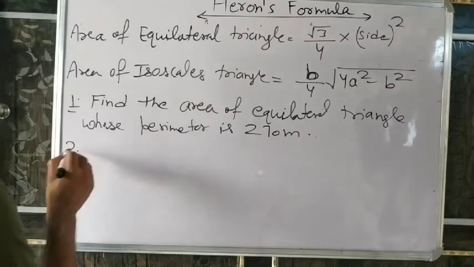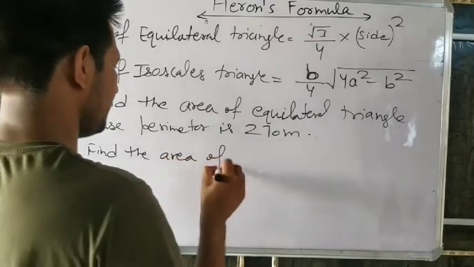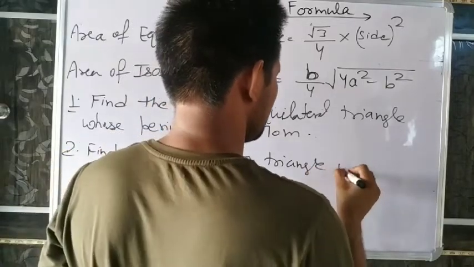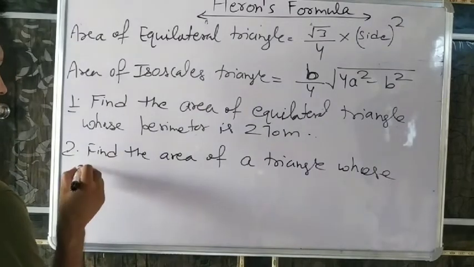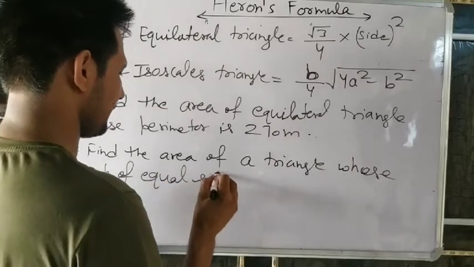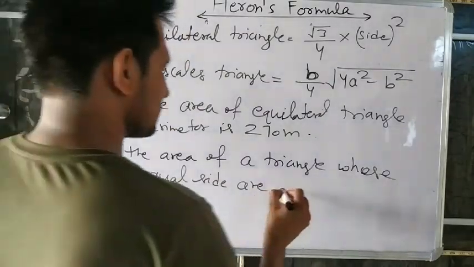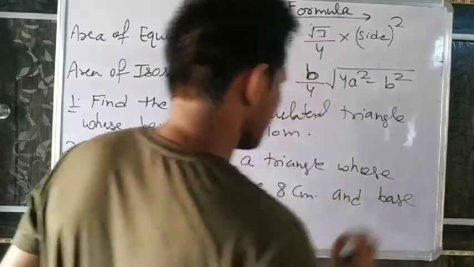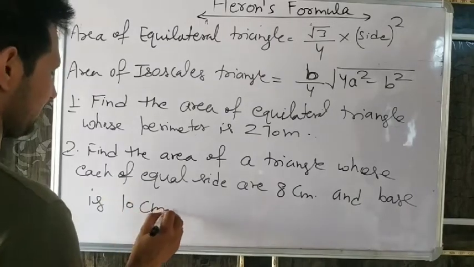Next, find the area of a triangle whose each of the equal sides is 8 centimeter and base is 10 centimeter.